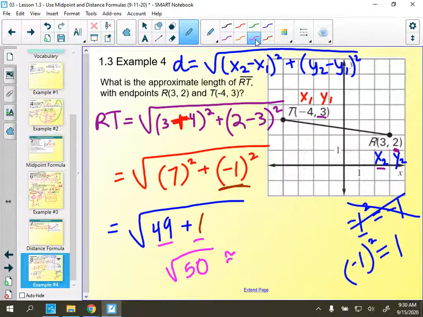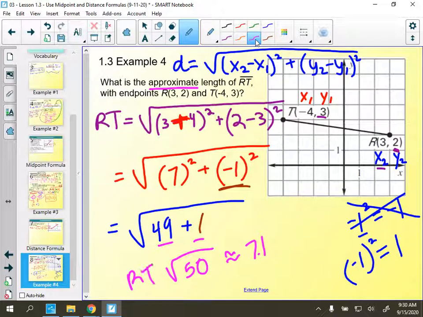The last thing, finally, I'm going to touch my calculator. I know you can't see it, but I'm typing in the square root of 50. All right. I didn't specify, but I said approximate the length here. My calculator says 7.071. So if I round that to the nearest tenth, I'd say about 7.1 units for the length of RT here.